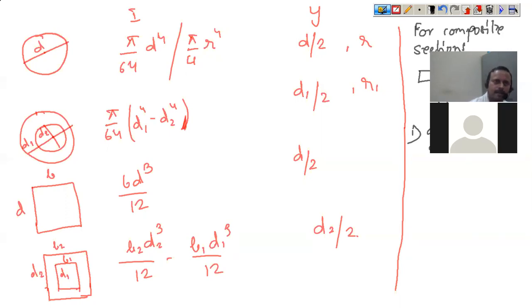In centroid, you require only the value of y bar. And second is to find Ixx.